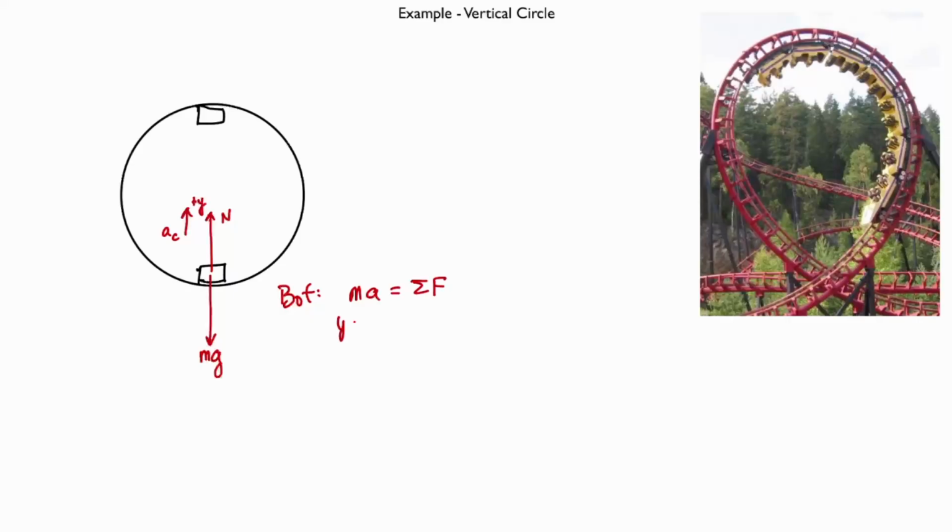There's only a y direction, so it's ma, you can say y if you want, equals, and then how many forces are there in the y direction? Don't look at the acceleration. So that's the normal force and the weight, mg. Which way is the normal force, positive or negative? And mg? There we go.